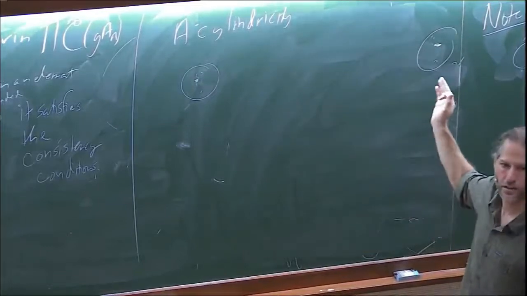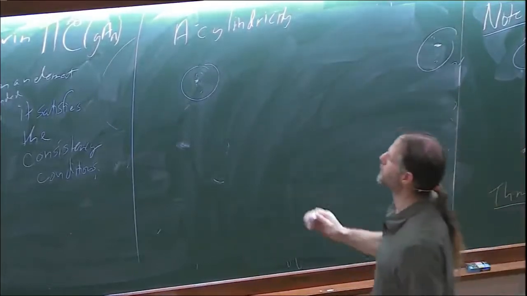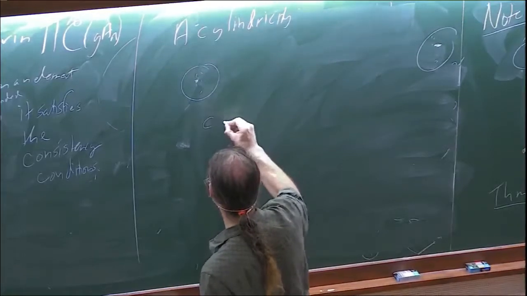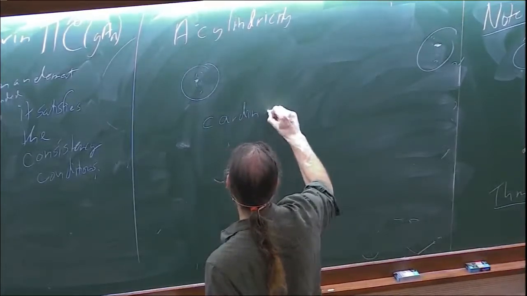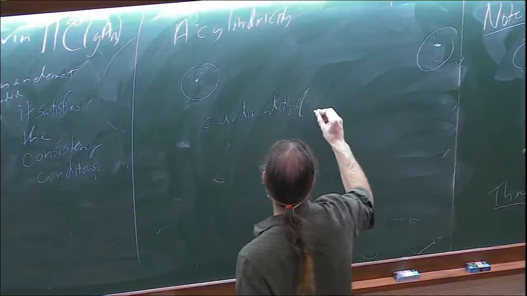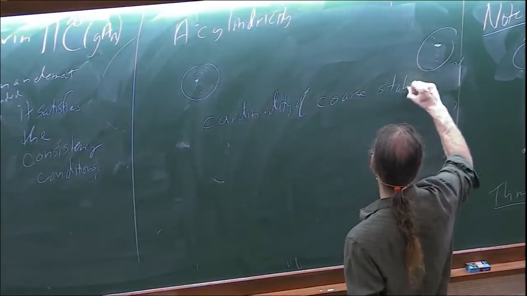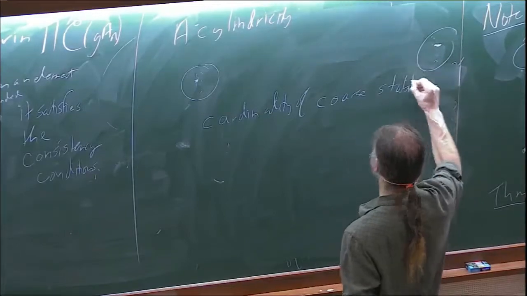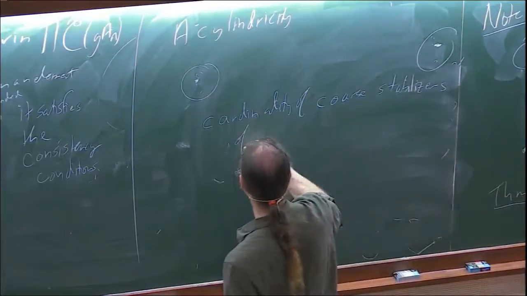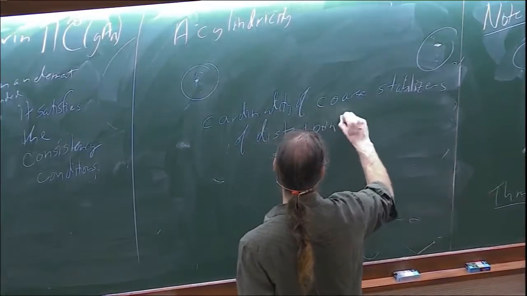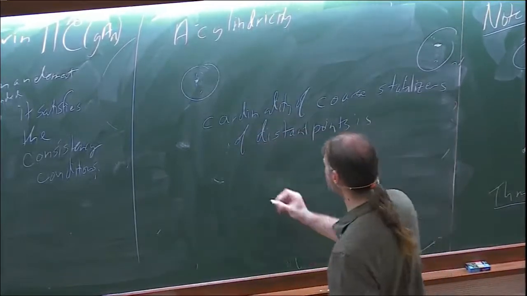Then the cardinality of that is bounded. So acylindricity means that the cardinality of the coarse stabilizers of distant points is uniformly bounded.